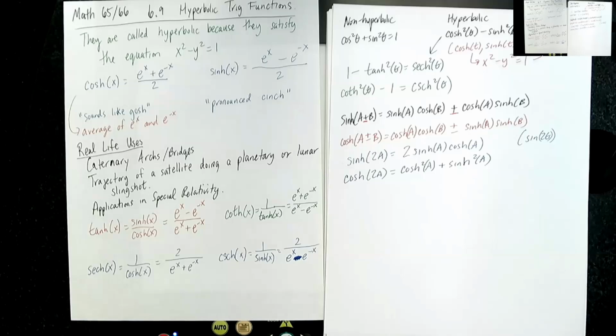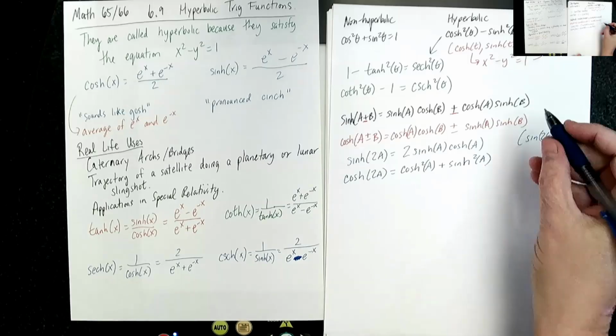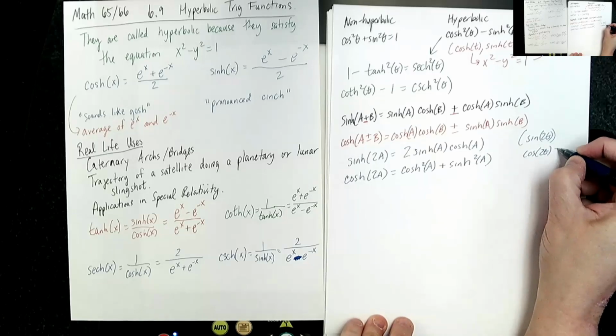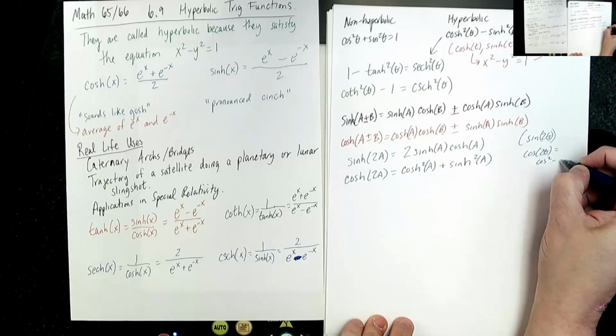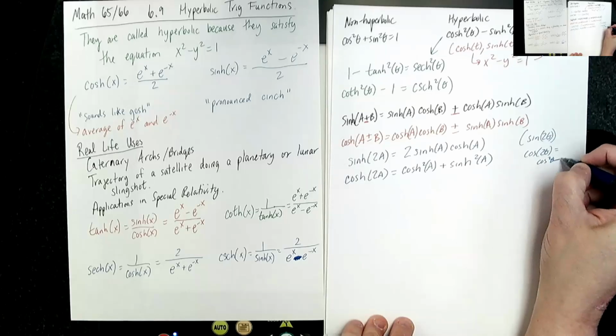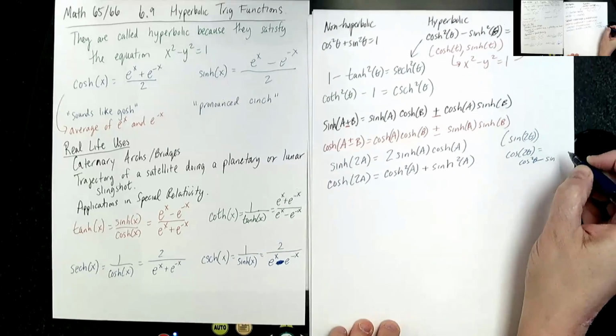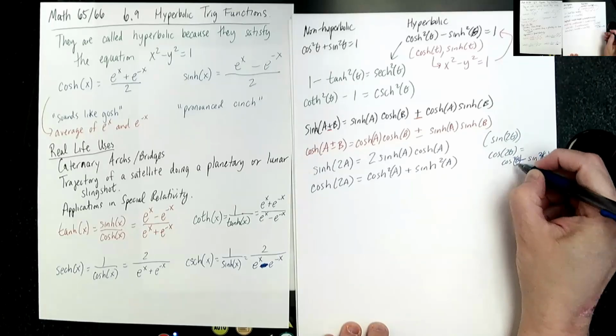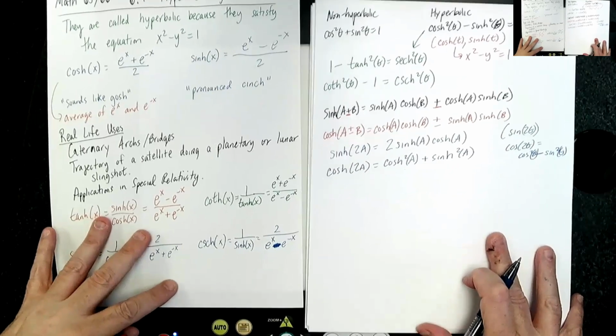That's how it's different, because a plus a gives us the plus one. When you do cosine of 2 theta, this one has cosine squared minus sine squared. And cosh has plus. So slightly different.